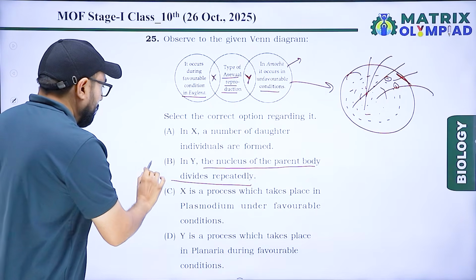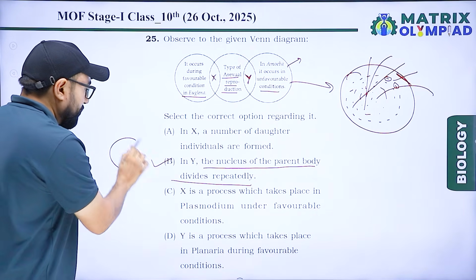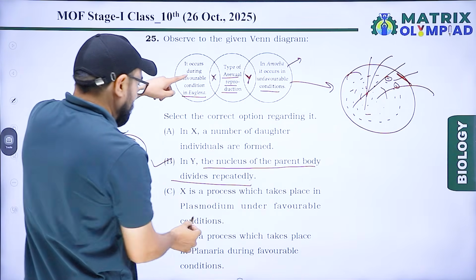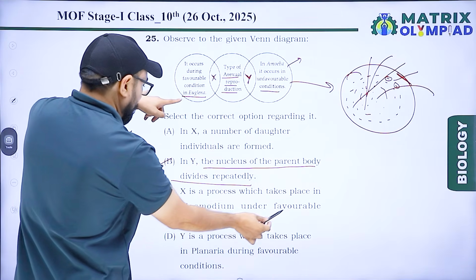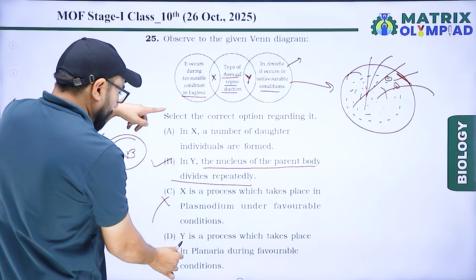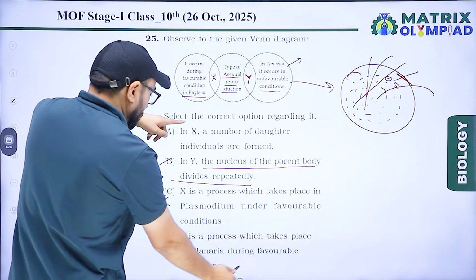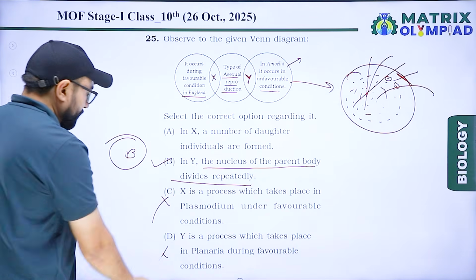So option B is correct for this question. X is a process that takes place in Plasmodium under favorable conditions, wrong. And Y is a process which takes place in Plasmodium during favorable conditions, wrong.